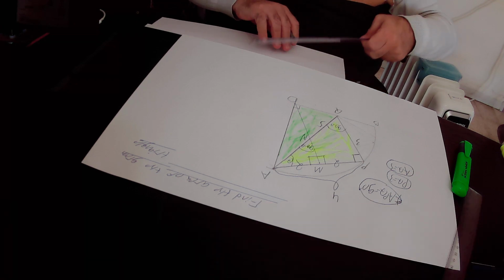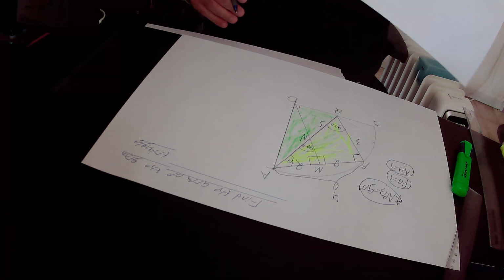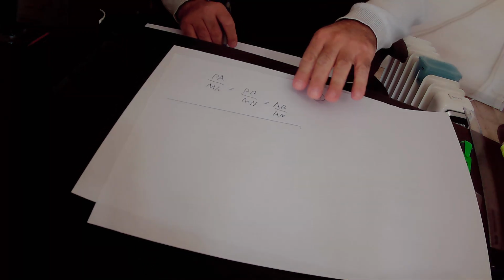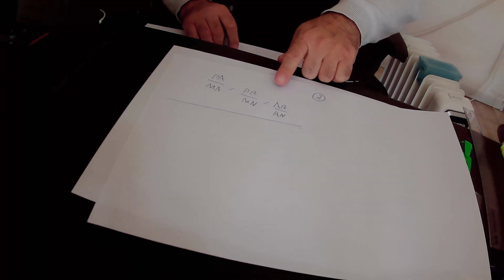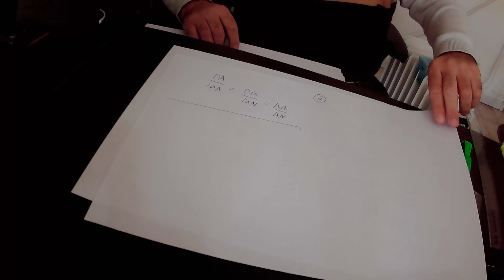So PA over AM equals PQ over MN equals QA over AN.